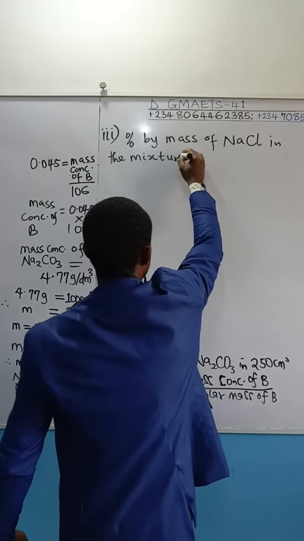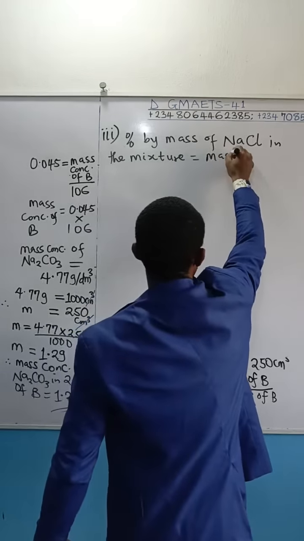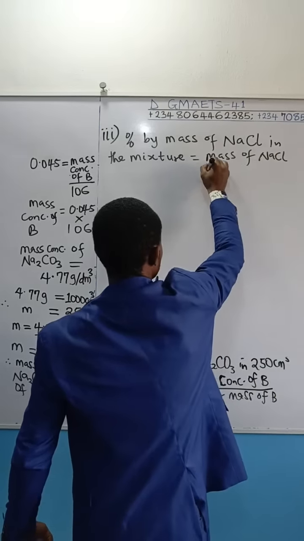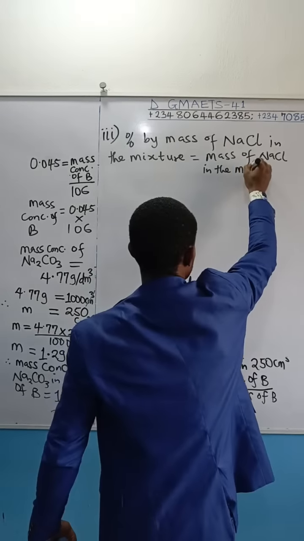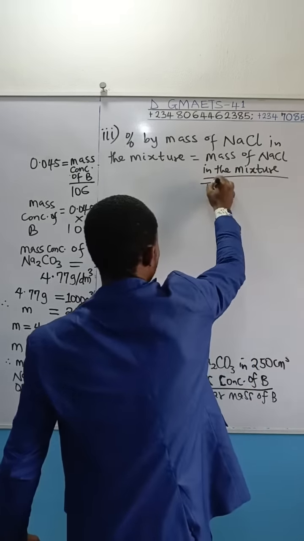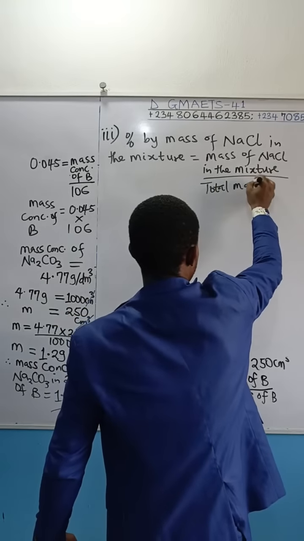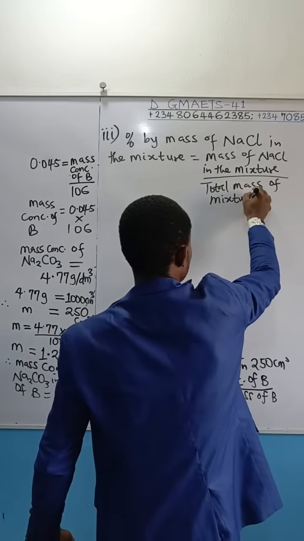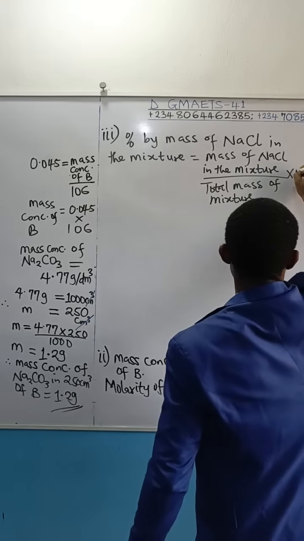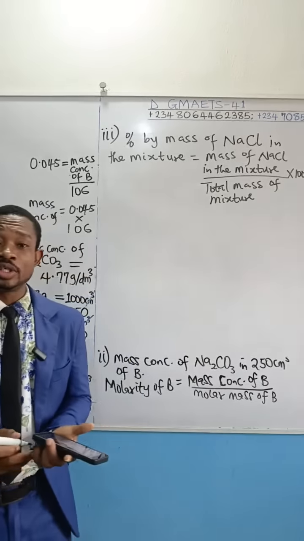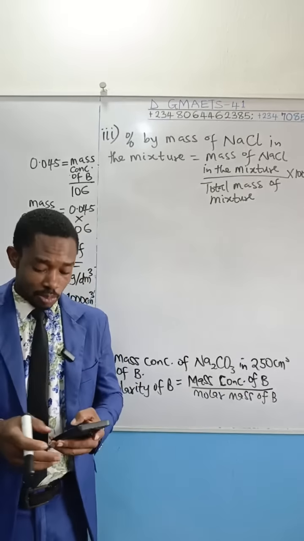The formula is equal to mass of sodium chloride in the mixture divided by total mass of mixture. Then we multiply this by 100. So that is going to be the formula we use for this last part of the question.